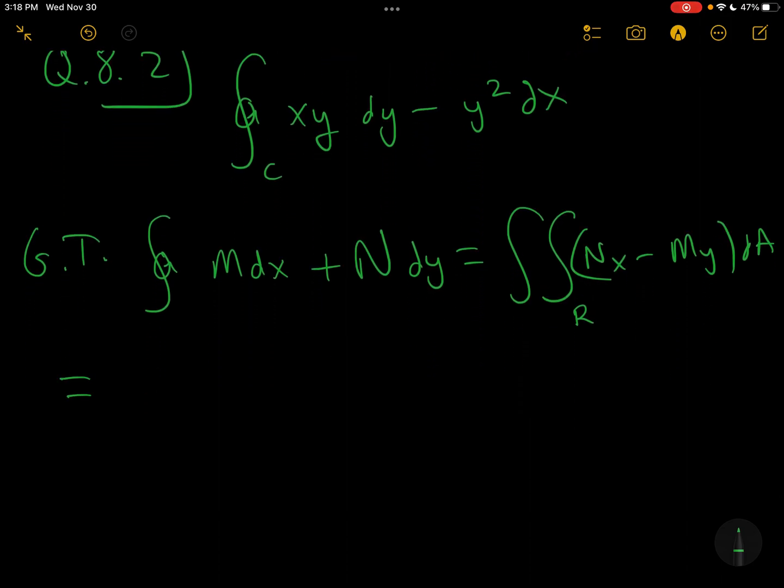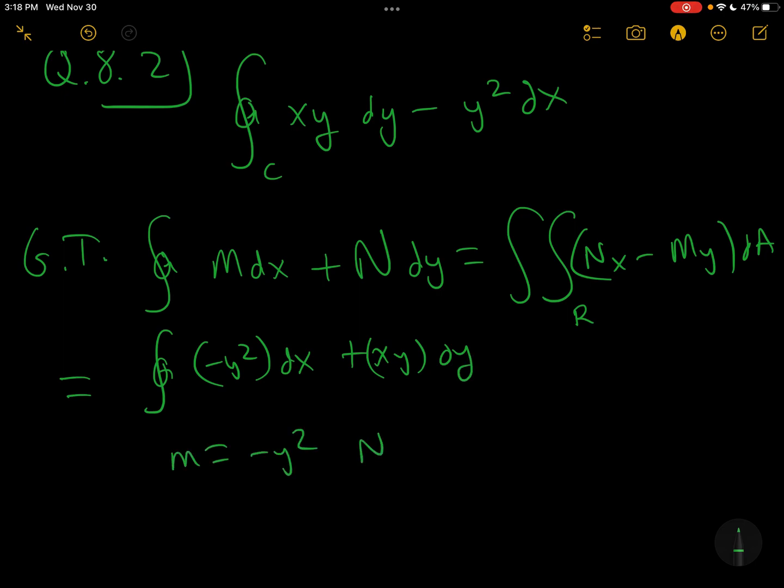And so in this case, I'm going to rewrite this: we have minus y squared dx plus xy dy, so that m equals minus y squared and n equals xy in this formula.